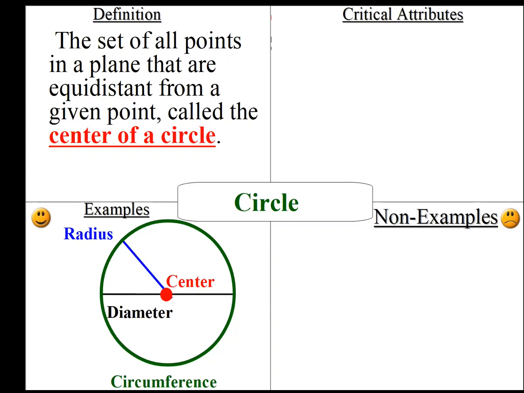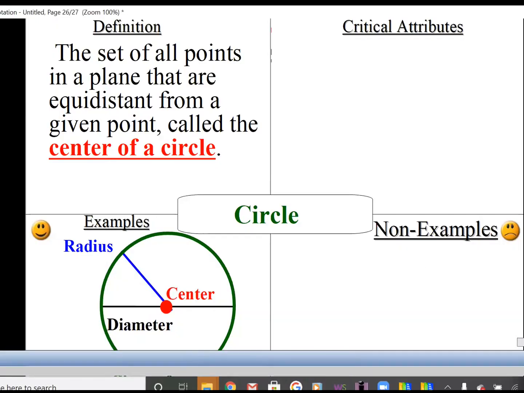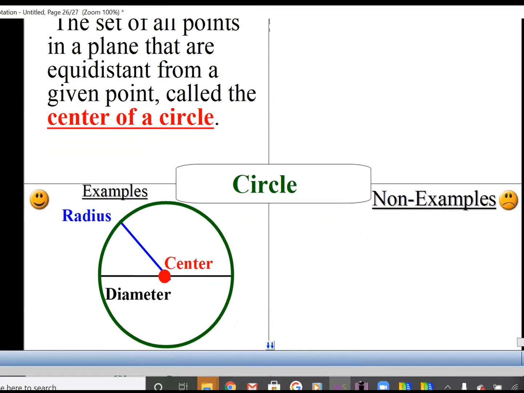So I don't think we need to reiterate this anymore. Give me an example of your own. What isn't a circle? Michael, what do you think? A square. A square, okay, thank you. Jesus?